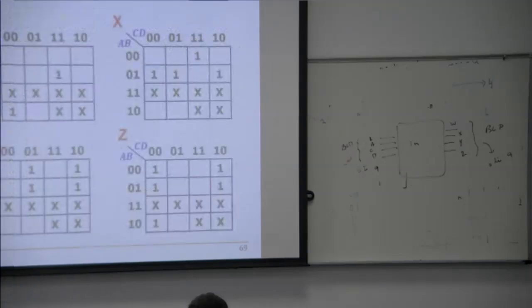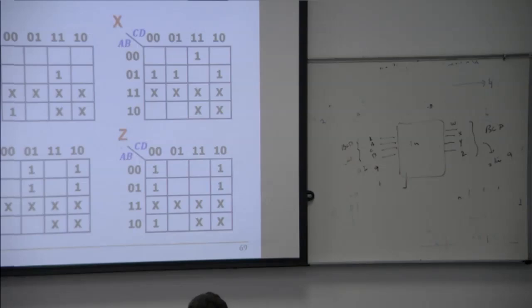Now we have this, and then we draw this. And why do we have don't cares? Why do we have 6 don't cares? Remember, what are the invalid codes? 10, 11, 12, 13, 14, and 15. 6 codes are invalid.